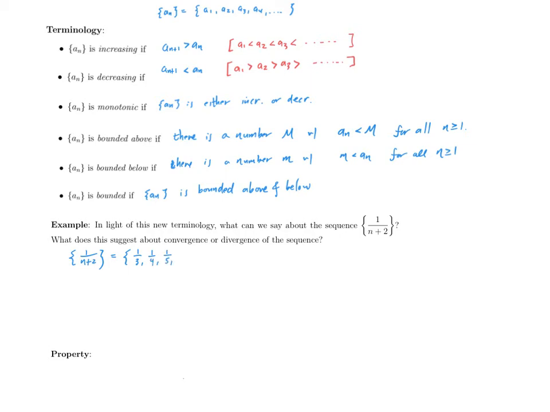Then 1/5, 1/6, and so on. In terms of the language above, I'm going to ask you to pause the video, give yourself maybe 90 seconds to 2 minutes, and determine: is this sequence increasing, decreasing, or neither? Is it bounded above, bounded below? And if it's both, is it bounded?